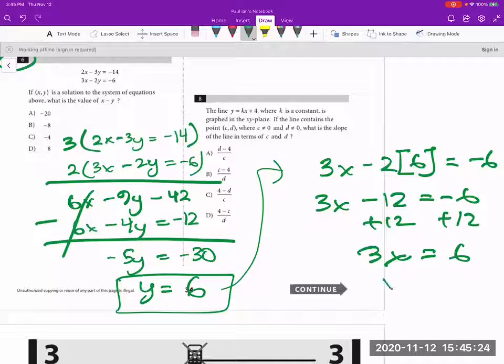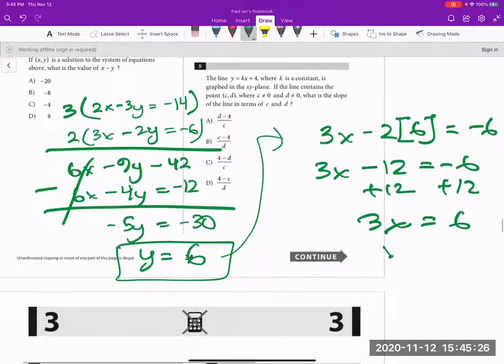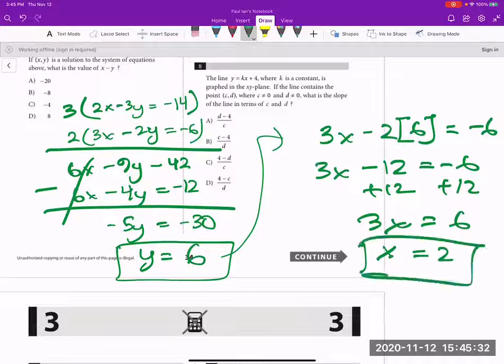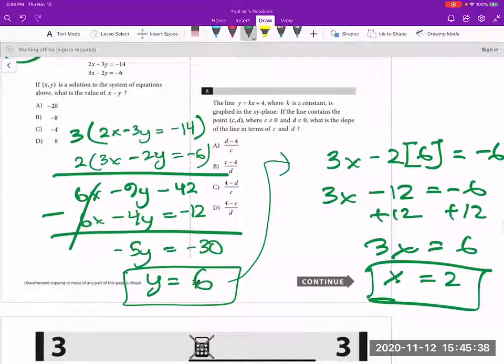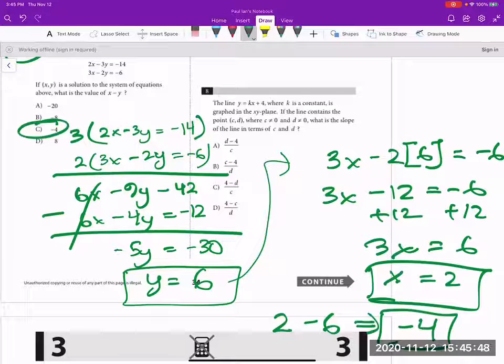So x equals 2. And then we'll go back to what they're asking you. What is the value of x minus y? So 2 minus 6 is minus 4. And that's your answer, C.